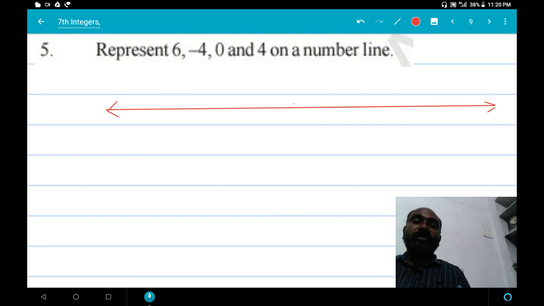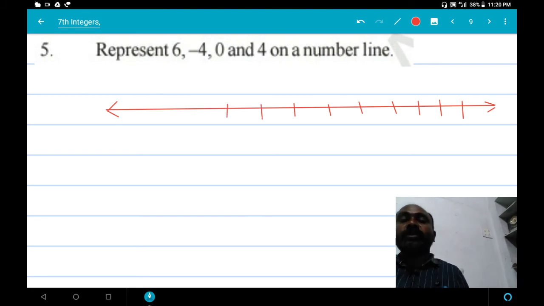First we take 0, then 1, 2, 3, 4, 5, 6, because 6 is there. 6 is the bigger number, and minus 4 is the smaller number.